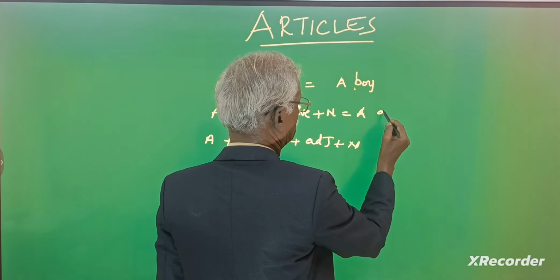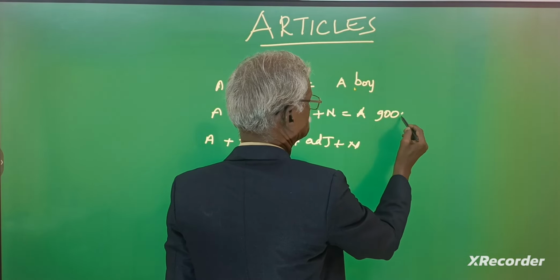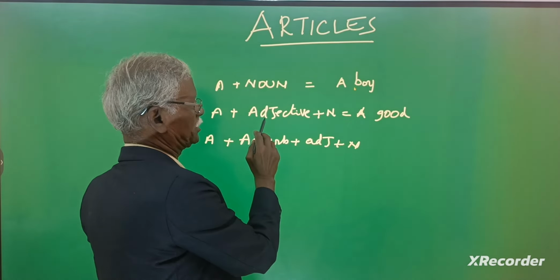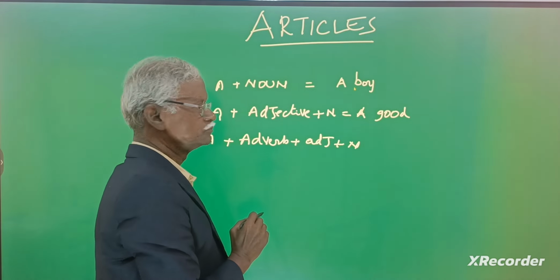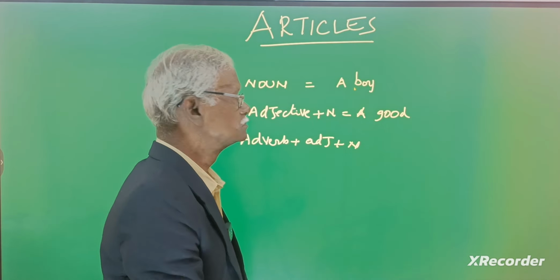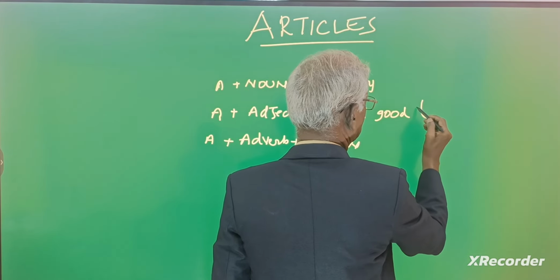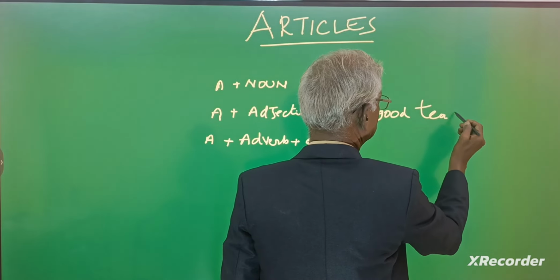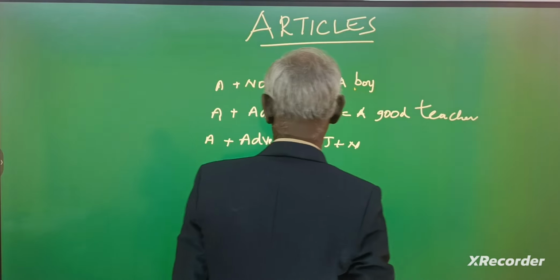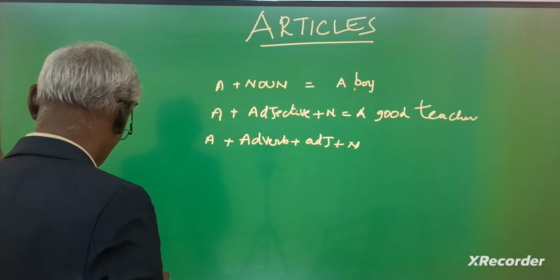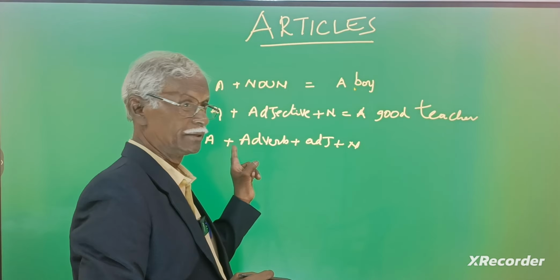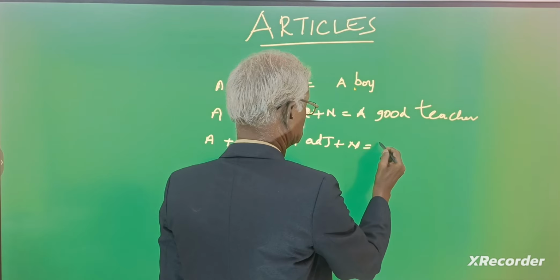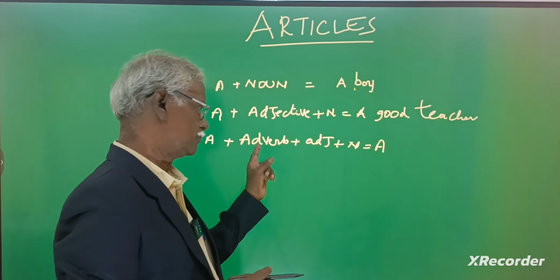For example, good. A good noun. A is an indefinite article. A good teacher. Next, adverb.